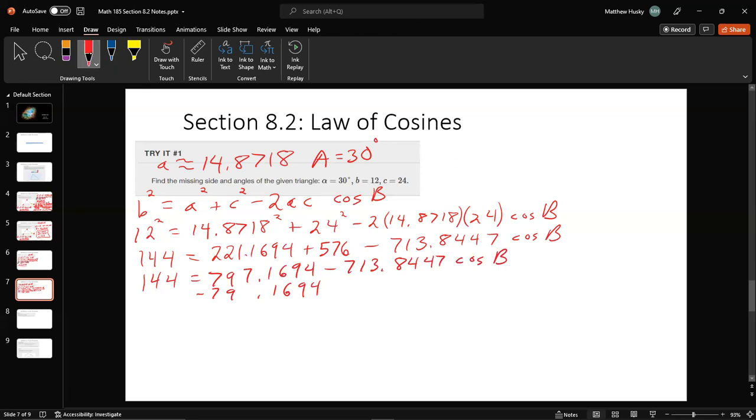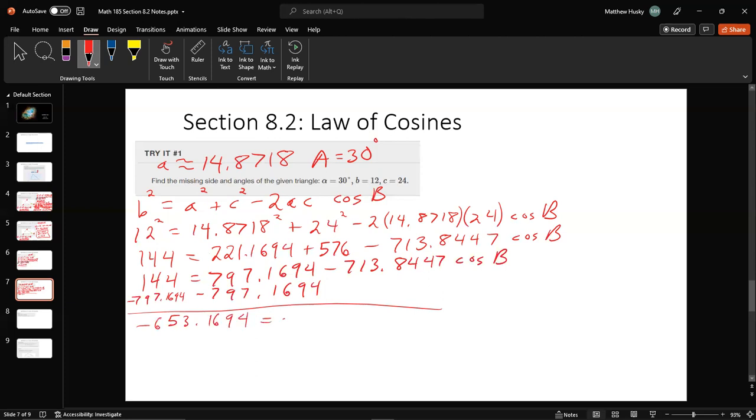Okay, so 144 minus 797 and some change. That's going to be negative 653.1694.